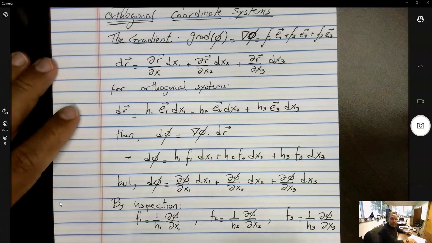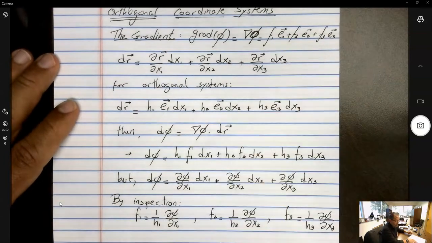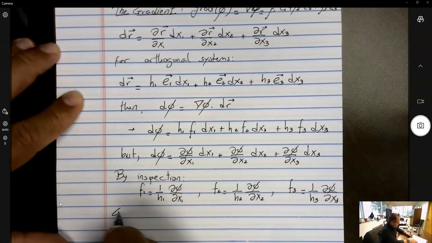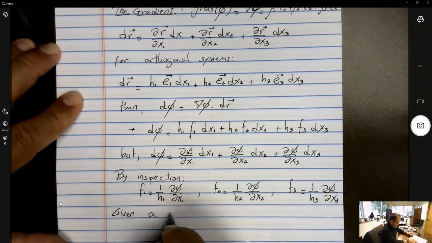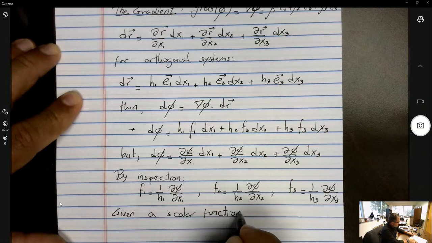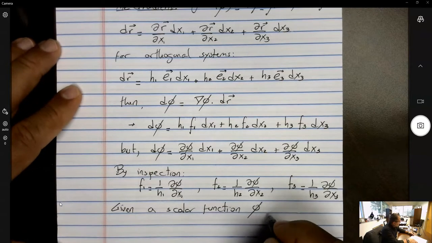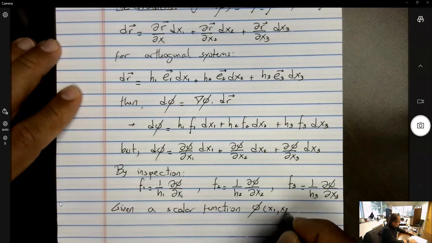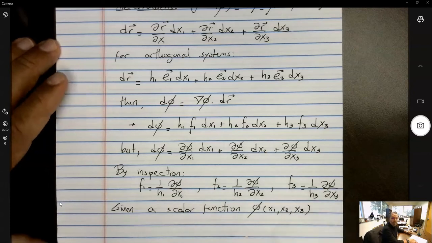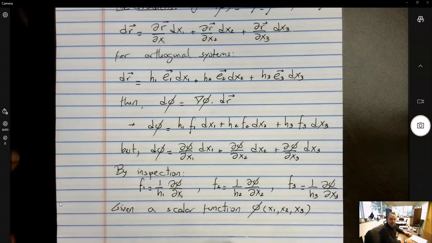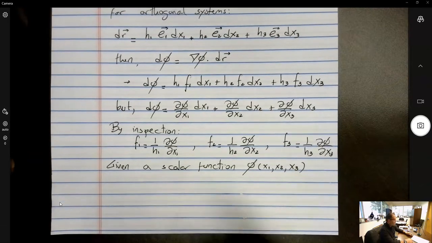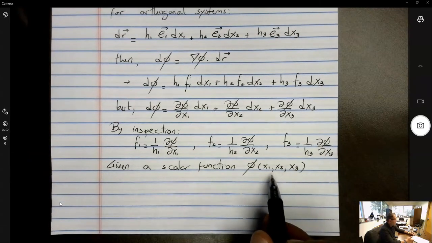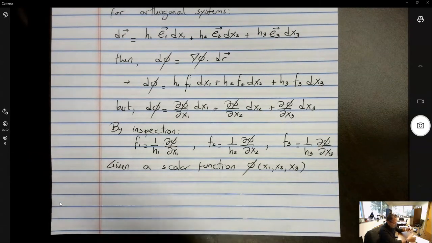So we can just pack this back up into here and say, well, given a scalar function phi, which is a function of a three-dimensional curvilinear coordinate system x1, x2, x3. That could be r, theta, and z, or it can be r, phi, and theta, whatever, right?